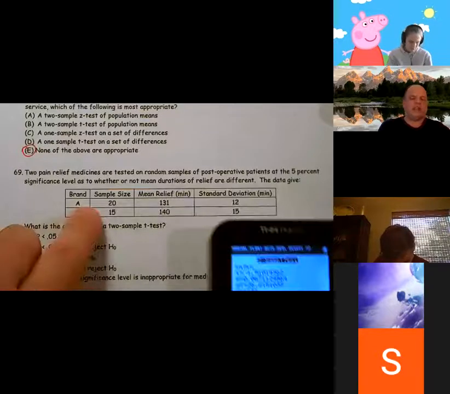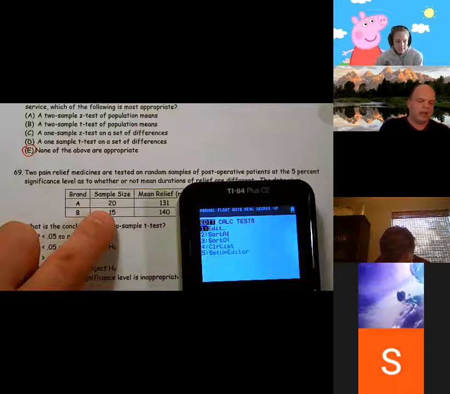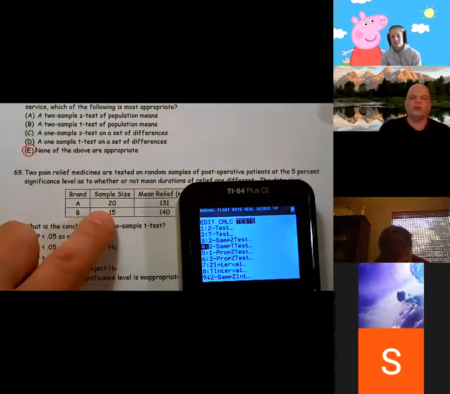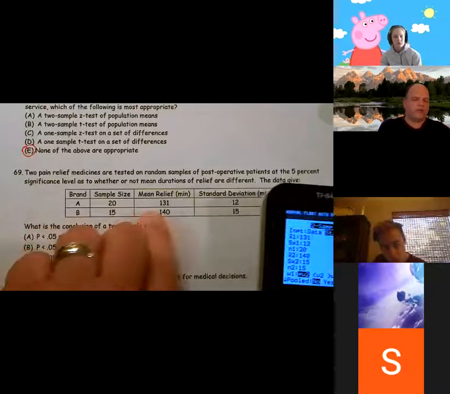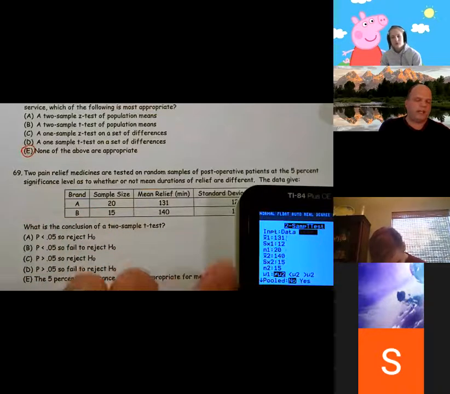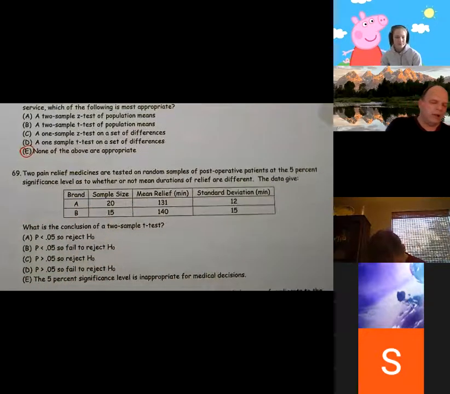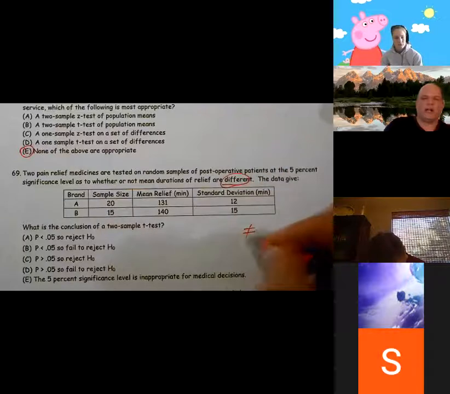Well, I input this data into my 2 sample T, and it looks something like this. That's 2 sample T, which is number 4. So stat test number 4. And X bar of 131, standard deviation of 12, sample of 20. Did the same thing for B. Now, they said "different," which clues me in that I need to be using a not equal.